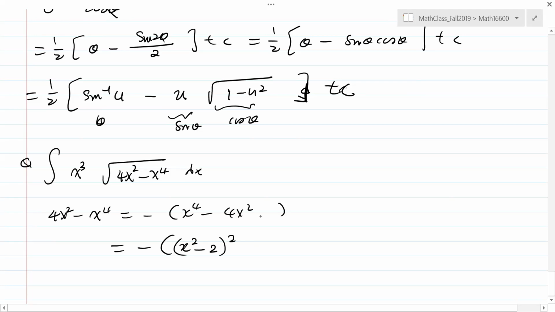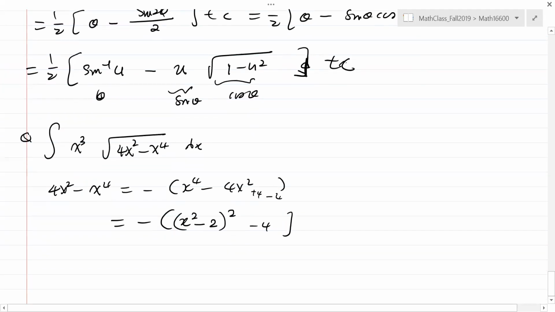I think it's plus 4 minus 4, so it's minus 4. So that means the integral is going to be equal to this. Okay. So it's the square root of 4 minus x squared minus 2 squared, dx.